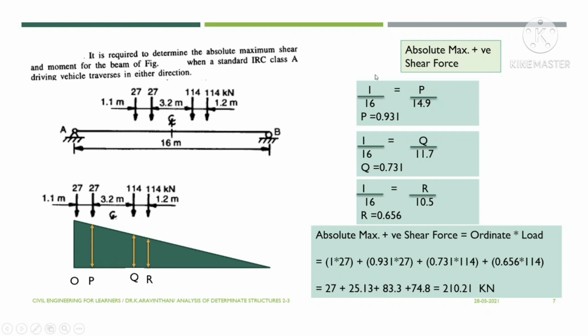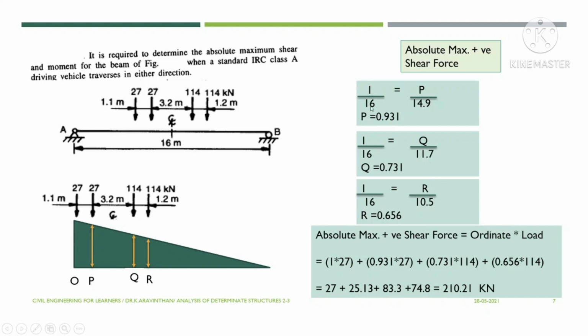Now what you have to make is you have to find the ordinates. So how to find the ordinate? We know that this ordinate is 1. The height of the ordinate is 1, and the remaining ordinates, that is P, Q and R, distance has to be found out. So by using vertical and horizontal ratio, at the point A, you have vertical as 1 and horizontal as 16 meter.